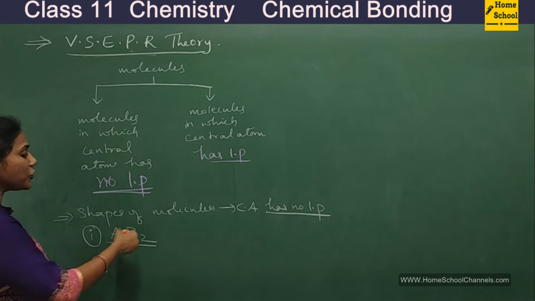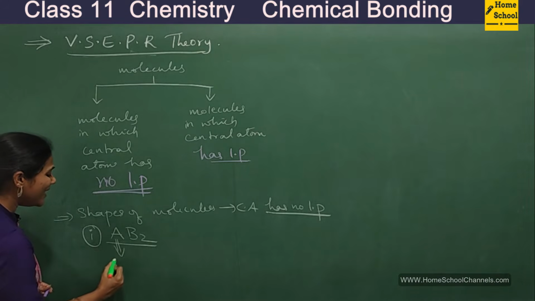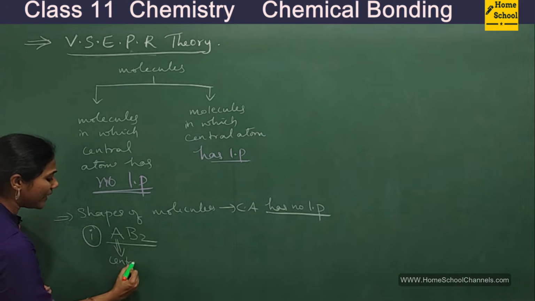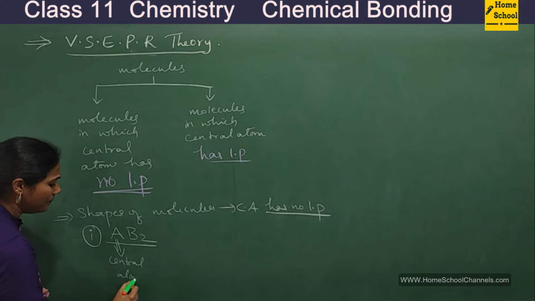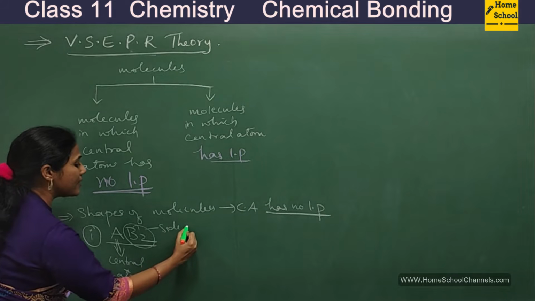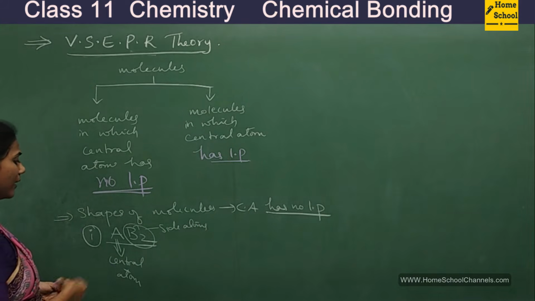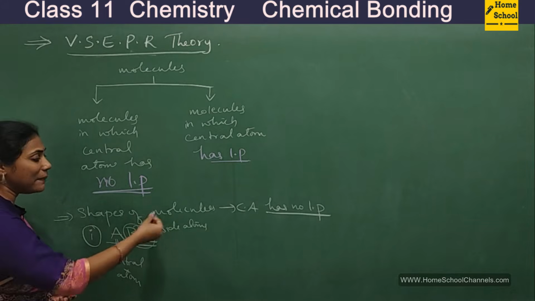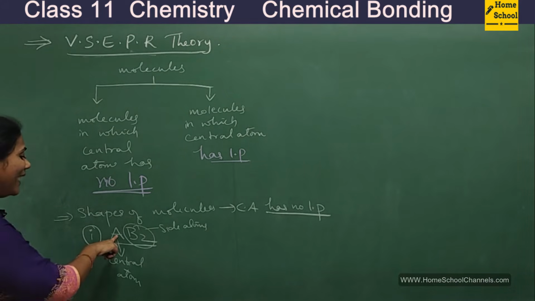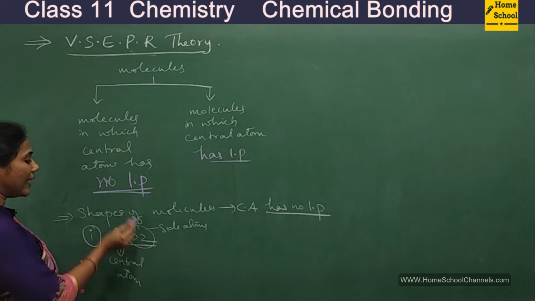This is just a general form we have mentioned. What do you mean by A here? A is some central atom and B is some side atom, and A does not have any lone pair. So that is the first variety.